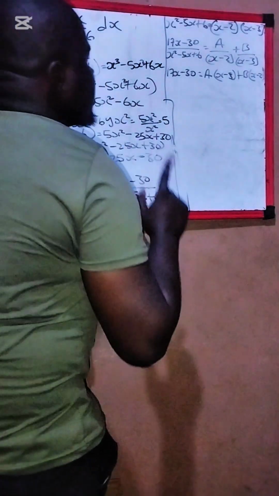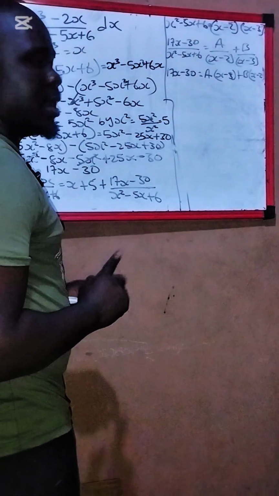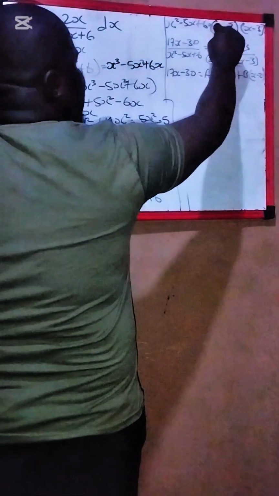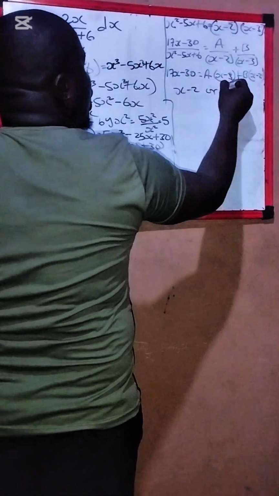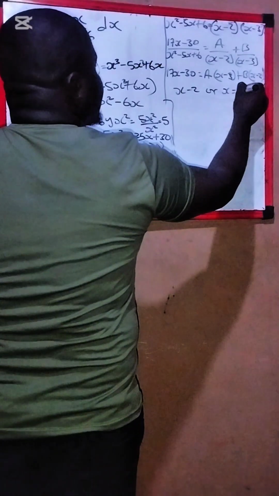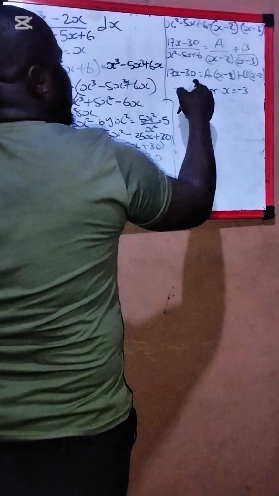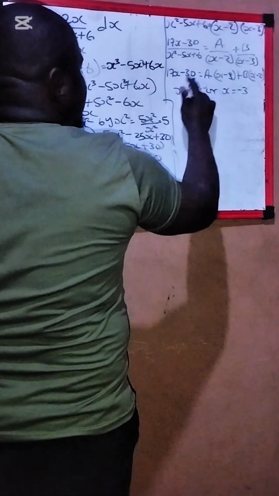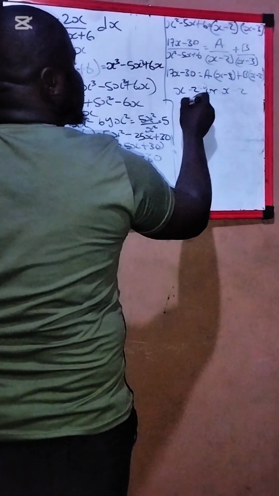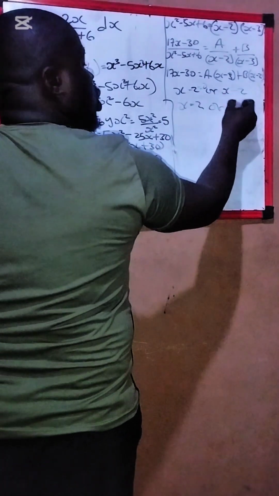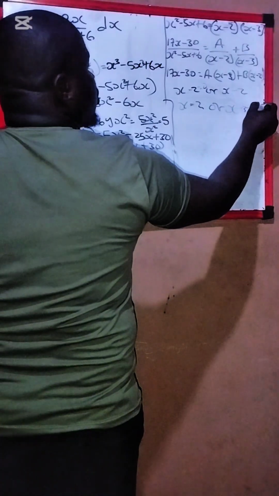Now, we need to learn something here. Remember we have x minus 2 or x minus 3. Let's say x minus 2 equals 0.